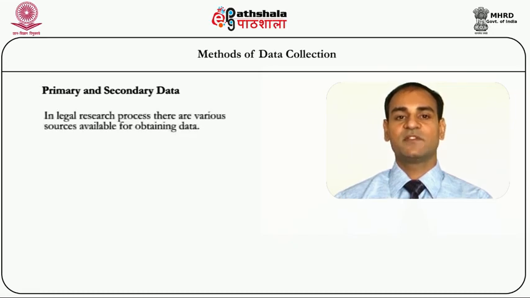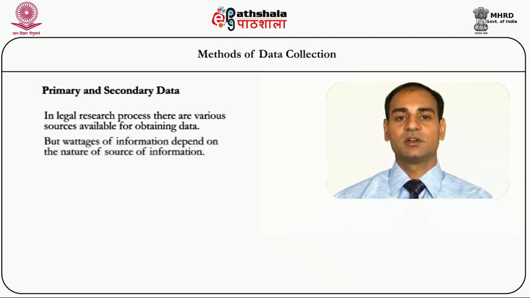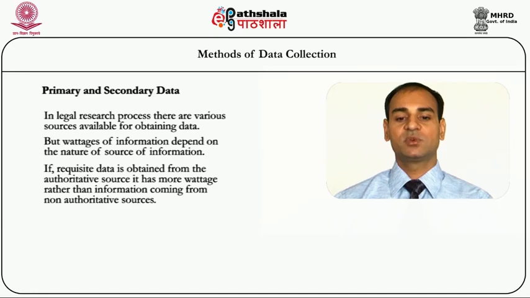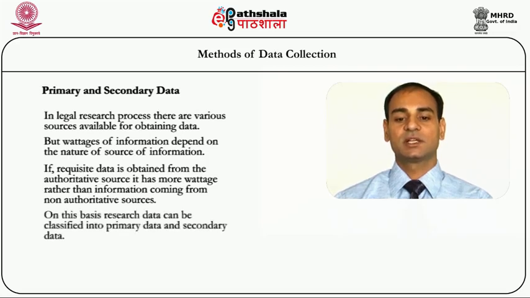In the legal research process, there are various sources available for data collection, but the weightage of information for making any inference or any principle or proposition, the weightage of individual evidence or data, can be considered on the basis of the authority of the source. If requisite data is obtained from the authoritative source, it has more weightage than data collected from non-authoritative sources. On the basis of research, data can be classified into primary data and secondary data.